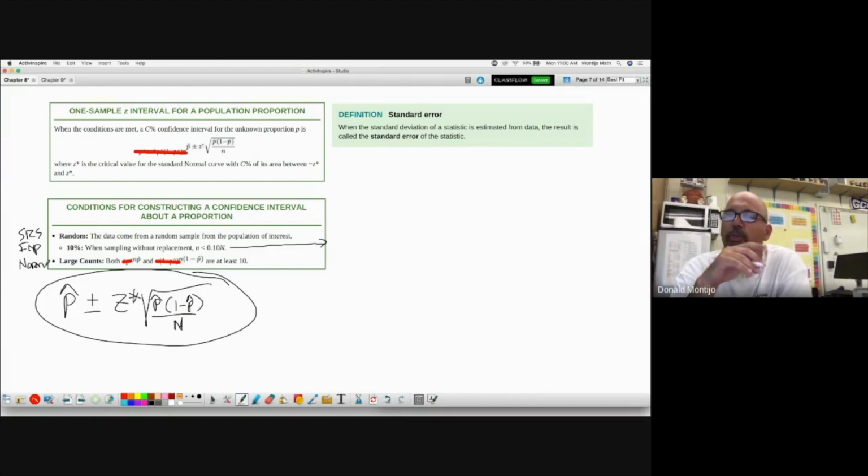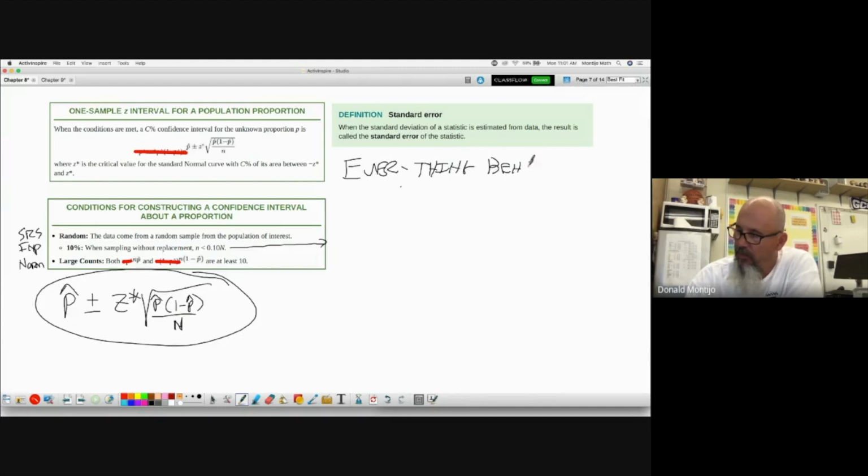So super important. Step one, explain what we're going to do. Step two, check the conditions. Are we allowed to do it? Step three, do it. Step four, tell us what the heck we did. Now, I've referred to this standard error. The standard error is everything behind the star.